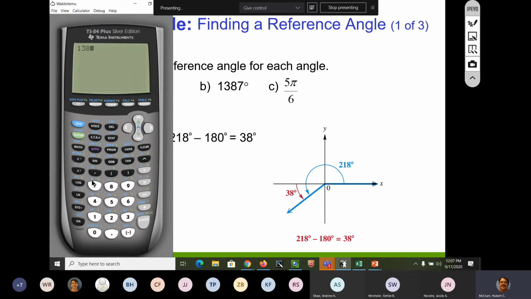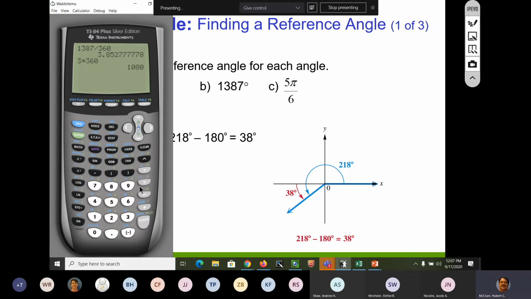That gives me almost 4 revolutions, so 3 solid revolutions. So 3 times 360 is equal to 1080.